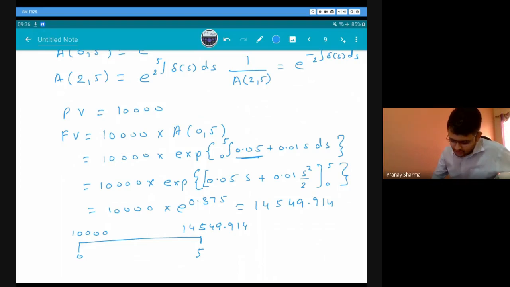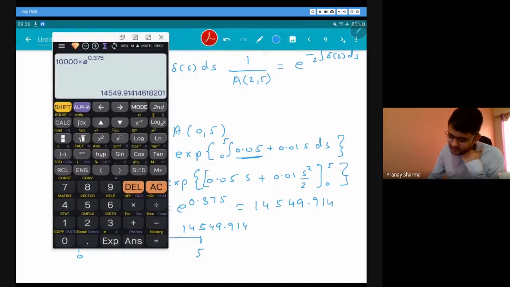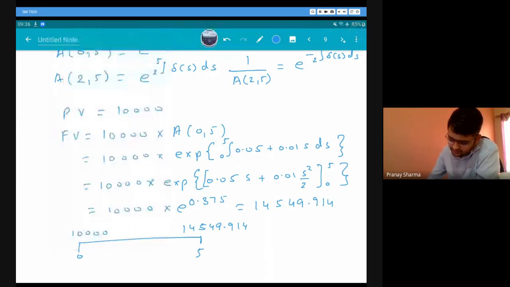You just know that you invested 10,000 and you got this much. Now the calculation part, the integration part. This is just the integration of a constant. Integration of a constant would be constant into s, and integration of s would be s square by 2.